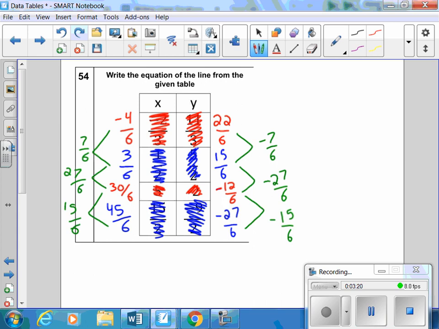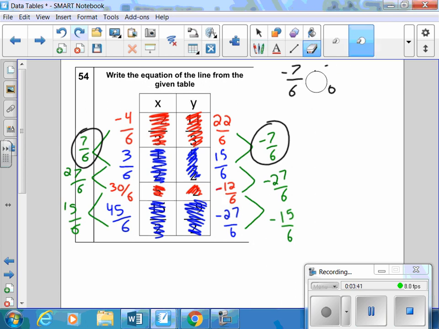So now, we take the change in y, negative 7 over 6, and then we divide by the change in x, which is 7 over 6, and that would give us our slope.